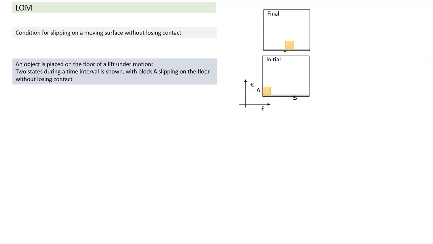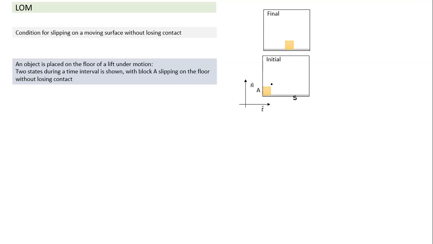The displacement in the normal direction must be equal, then only will it remain in contact. In the tangential direction, the two may have different displacements. That's why slipping has taken place. If the displacement in the normal direction has to be equal, and you divide by the time interval, it means velocities have to be equal, and starting from rest, even the accelerations have to be equal. That's the condition for slipping.